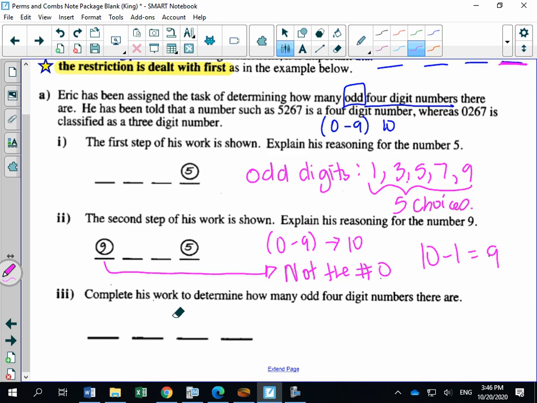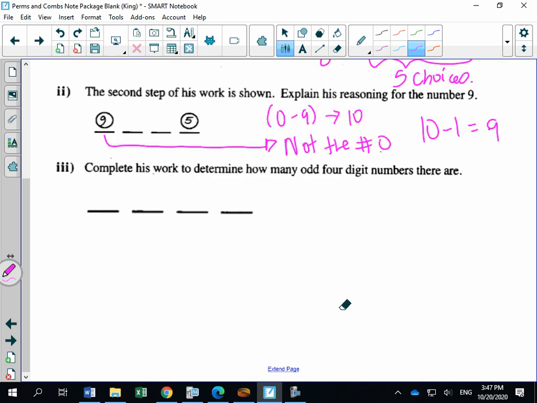Then it says complete his work to determine how many odd 4-digit numbers there are. We know that we put in our restrictions first. The first restriction is that this number is either a 1, 3, 5, 7, or 9. The second restriction is we can't start with 0, so I'm just going to write not 0. That gives us 9 possible choices.